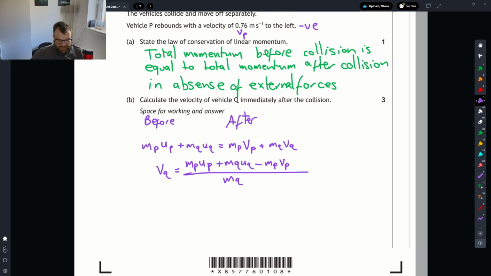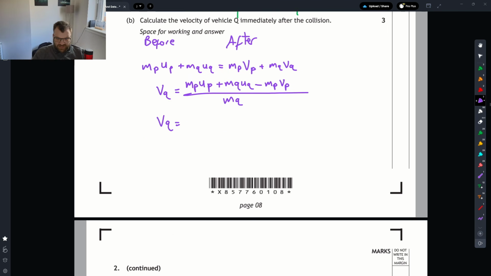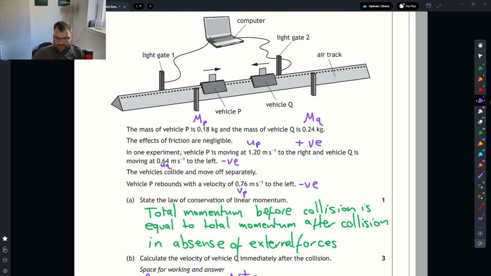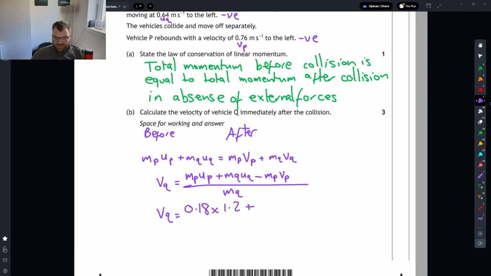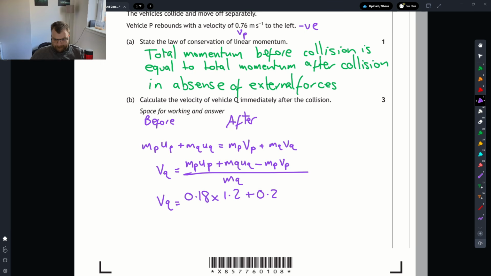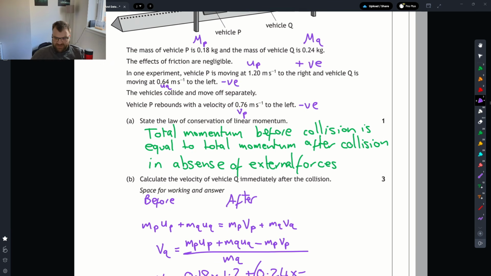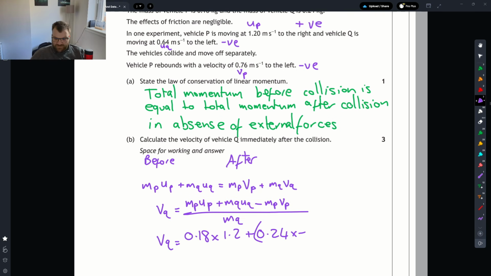And now I need to watch out for my positives and negatives. So MP is just going to be the value, so 0.18, times UP, which I've said is 1.2, but I'm keeping that positive. And then MQ, 0.24, times negative 0.64, and then take away MP, still 0.18, times VP, which is going to the left, so that's now negative 0.76.